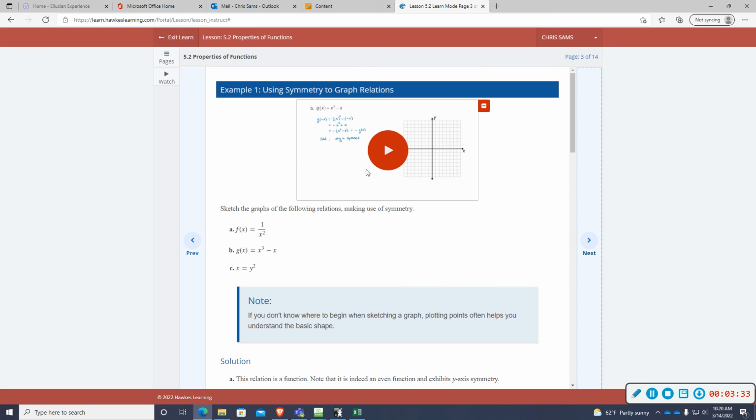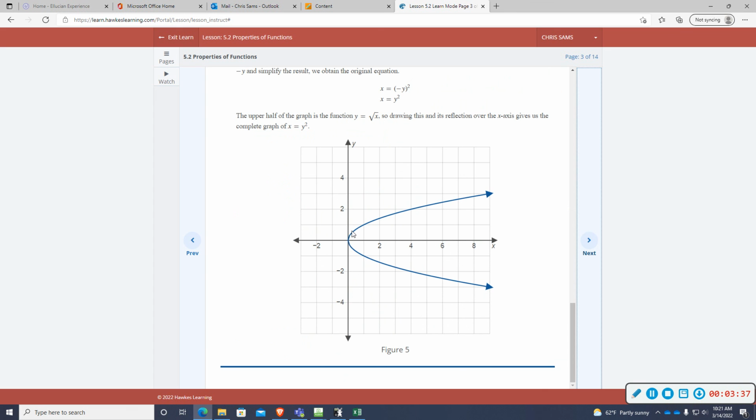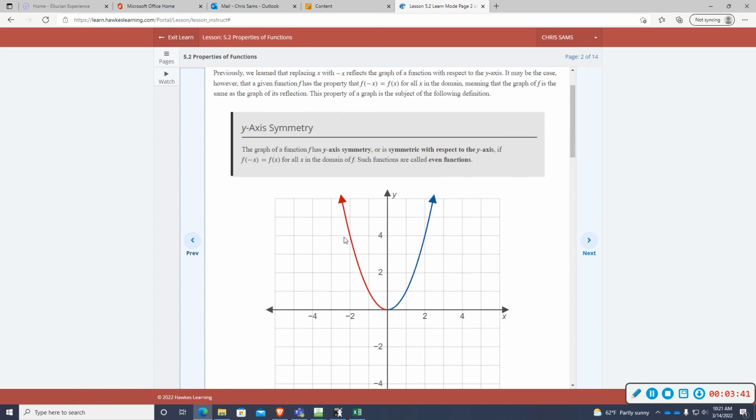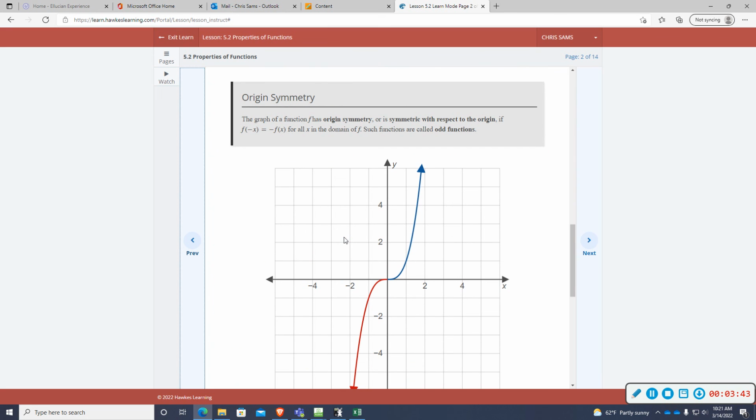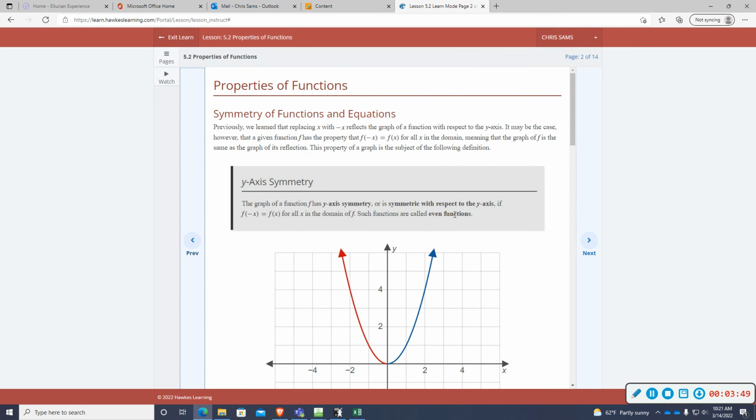Here's some examples and some illustrations that they go through. I also want to mention that if you're unfamiliar with symmetry, or it's been a while, we have these special names. We have odd functions, and then we have even functions. This is referring to the type of symmetry. Usually when we talk about numbers, if a number is even, it's not odd, and vice versa.